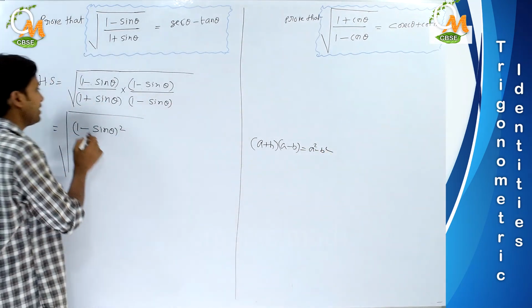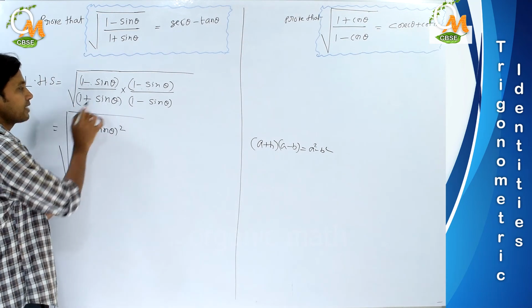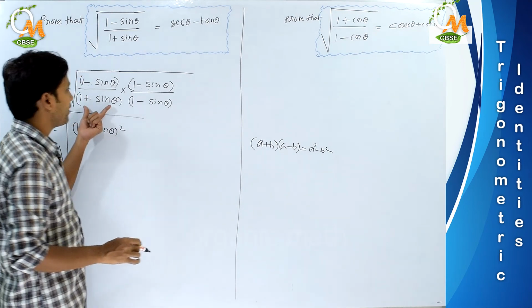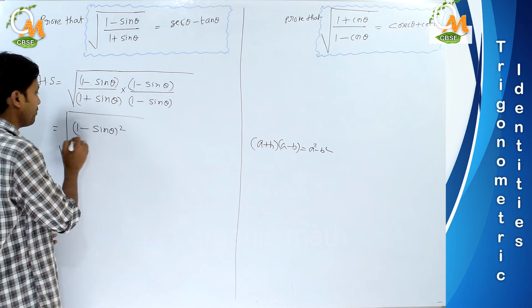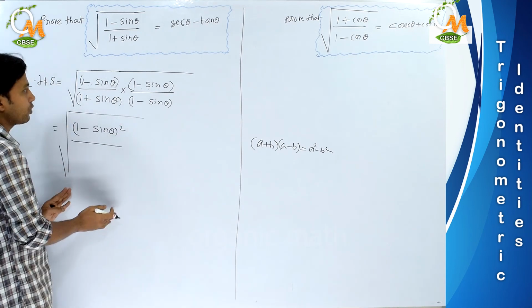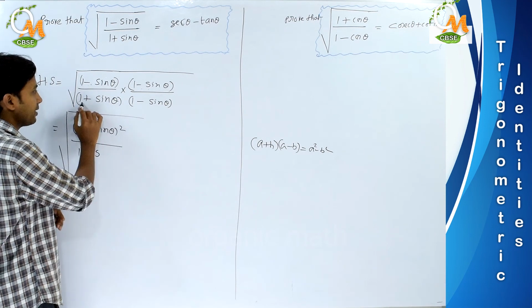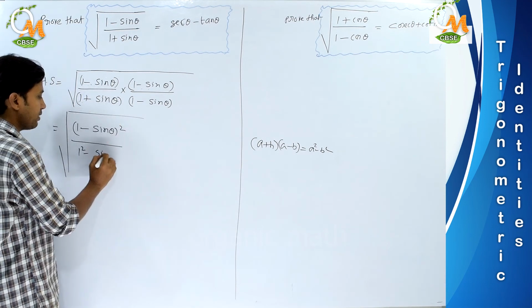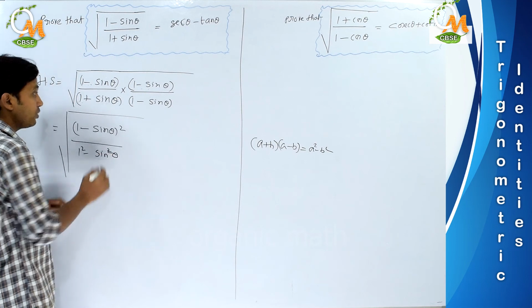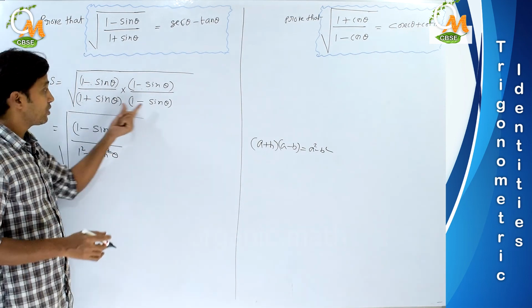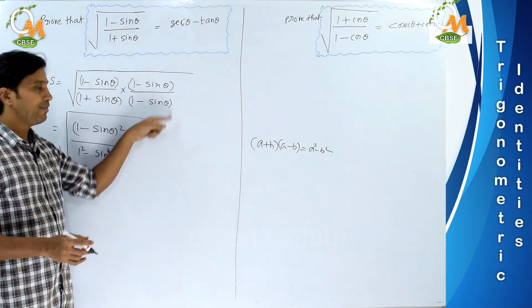Here also, if you consider 1 as a and sin theta as b, this is in the form of a plus b into a minus b. So therefore we can write under this square root 1 square minus sin square theta. To simplify into this form, I multiplied with 1 minus sin theta.